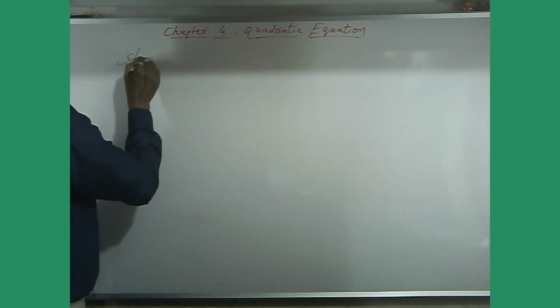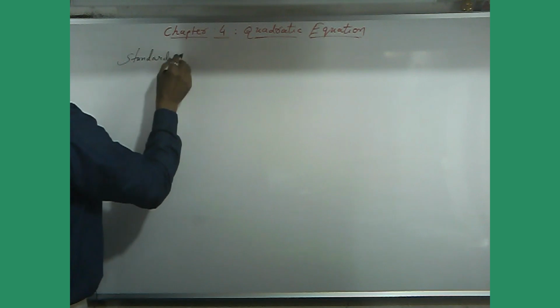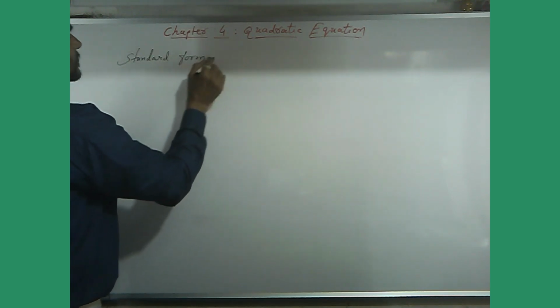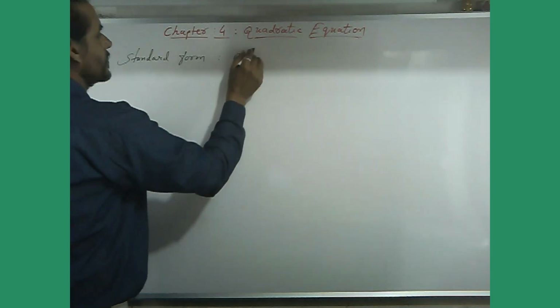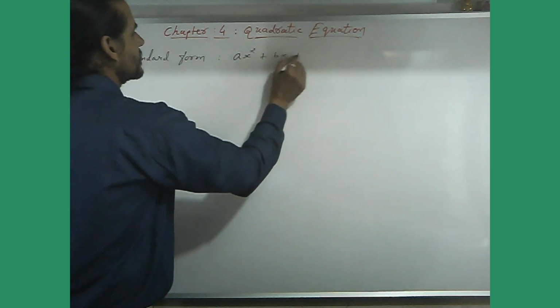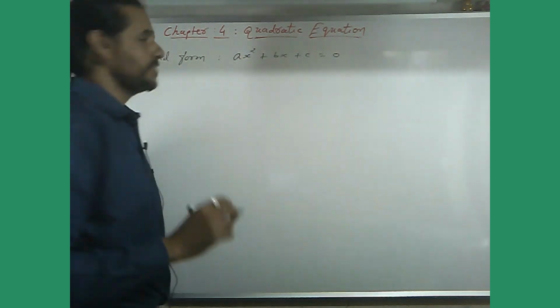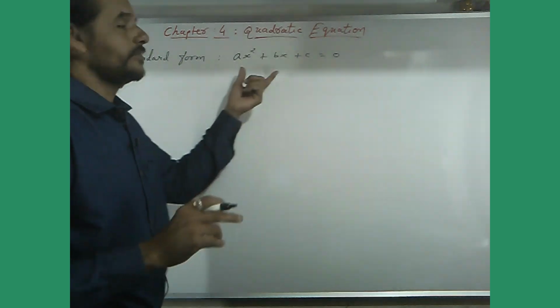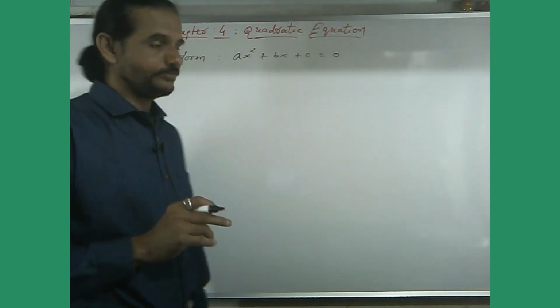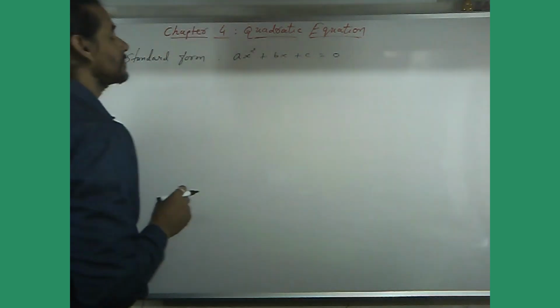This is the standard form of quadratic equation, ax square plus bx plus c is equal to 0.